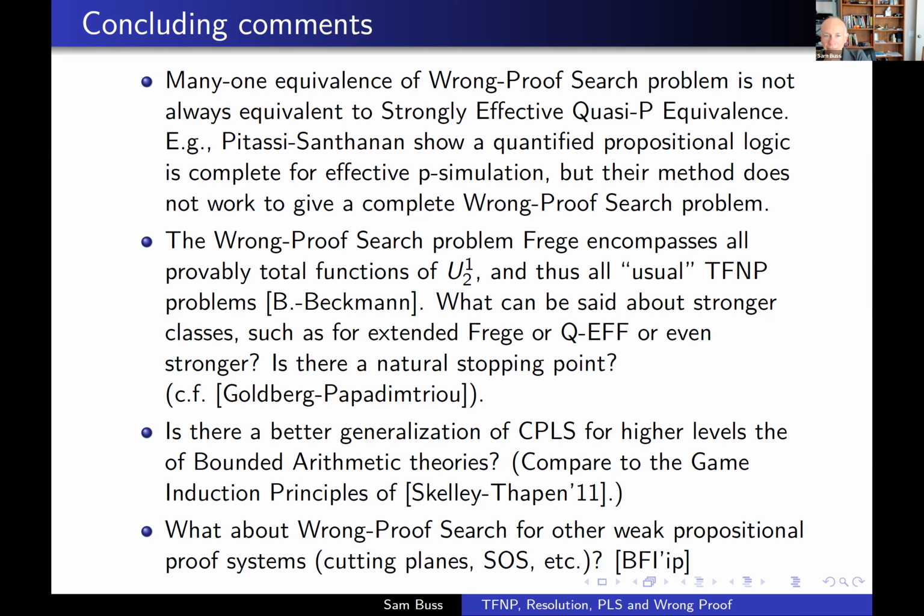The second comment was, if you take the wrong proof search problem for Frege proofs, and I guess Neil alluded to this as well, this is any-one complete for all the provably total functions of U^1_2. This is the theory for polynomial space computations.